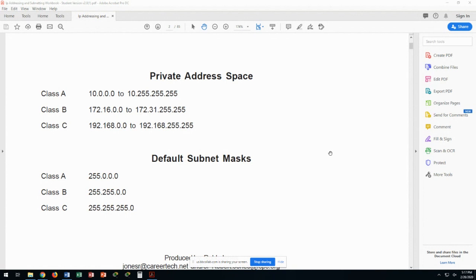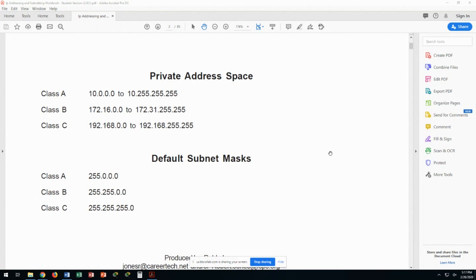They have 4 octets, just like an IP address, but they're designed to help us take a single network and divide it into smaller networks. By default, when you have a Class A, B, or C, you have one network, and this is its mask. These are the default masks when it's one network. So an A has a mask of 255.0.0.0.